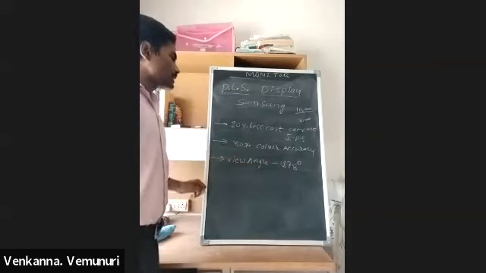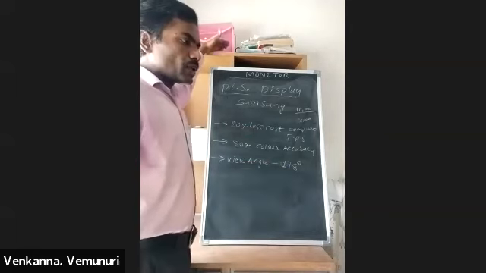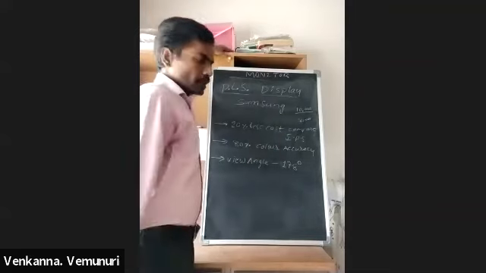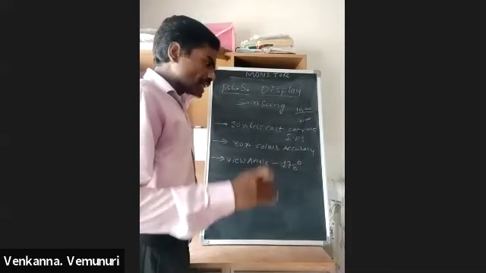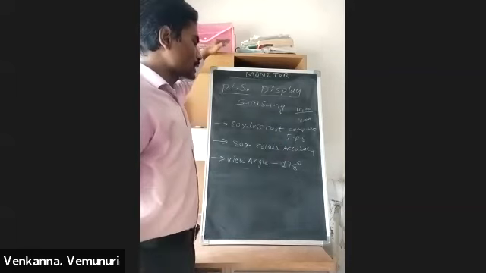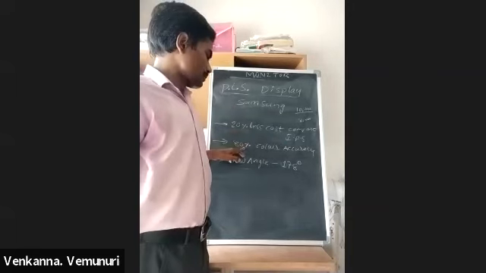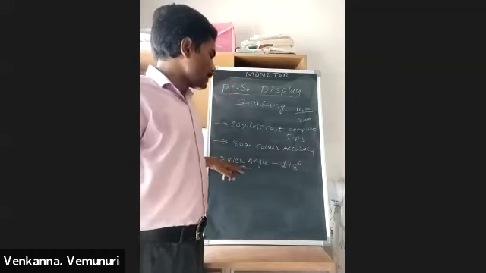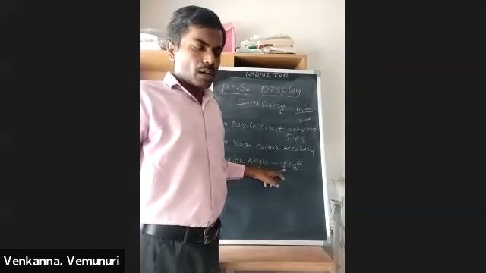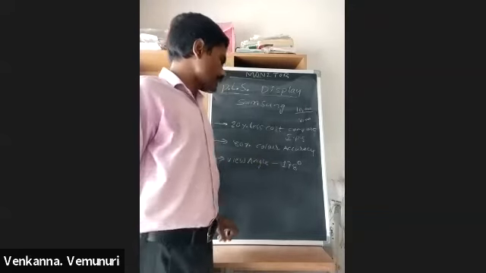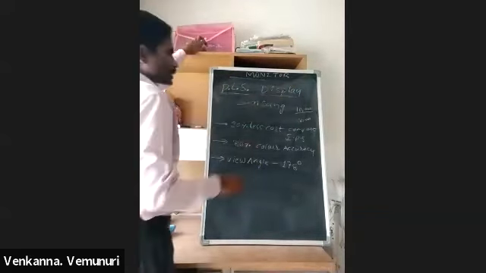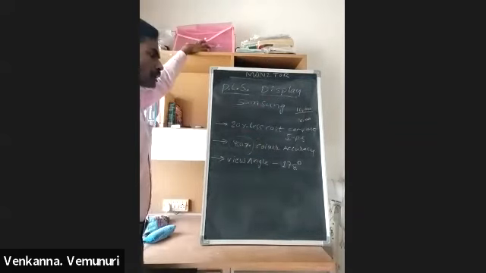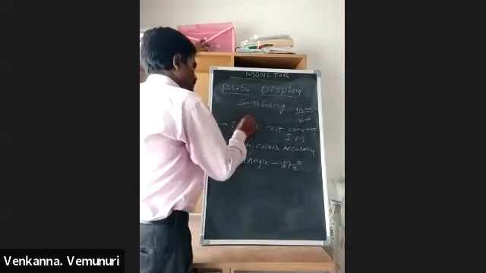Here compared to IPS, this PLS display cost is less, and color accuracy approximately equal to IPS. Means it is 80%, IPS is 100%, and view angle also equal to IPS display, 178 degrees. So compared to IPS, only color accuracy is 20% less, but cost also less.